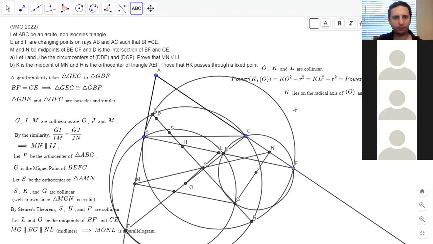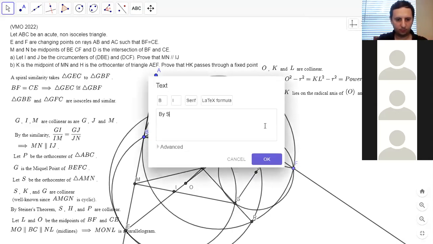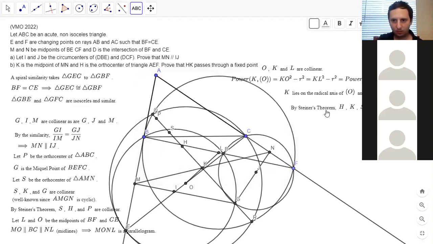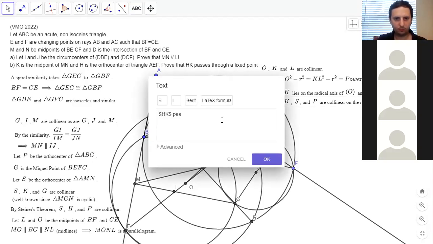And so by Steiner's theorem, H, K, S, and P are collinear on the radical axis. And so HK passes through P. All right, I'm going to move on to the next problem. I think that covers it for this one.